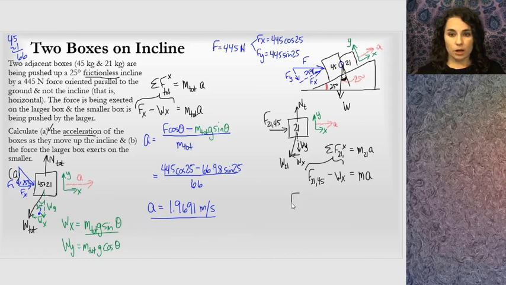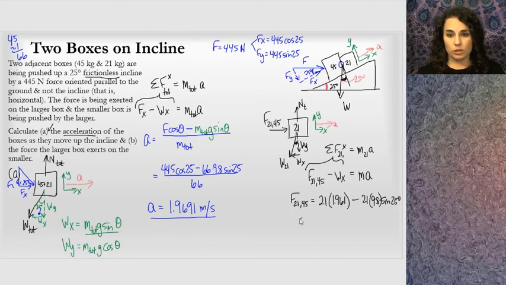So when I solve algebraically, the force on the smaller block from the bigger block will equal 21 times the acceleration, 1.961, minus 21 times 9.8 times, again, the X component is the opposite leg from the angle, and so we're going to put sine 25 degrees here.